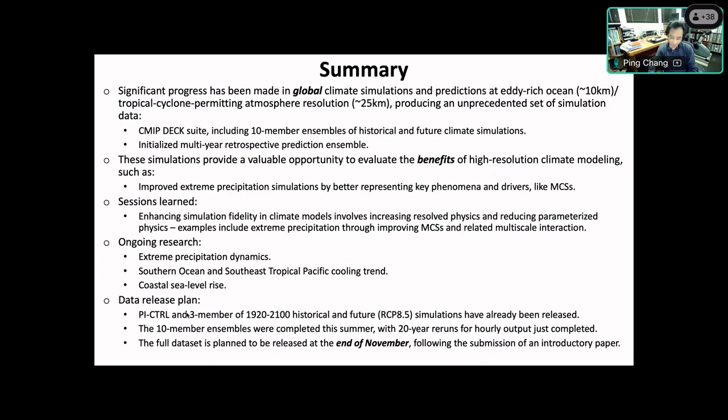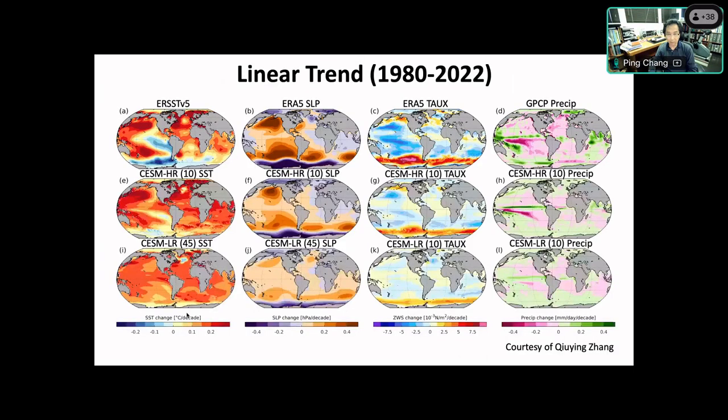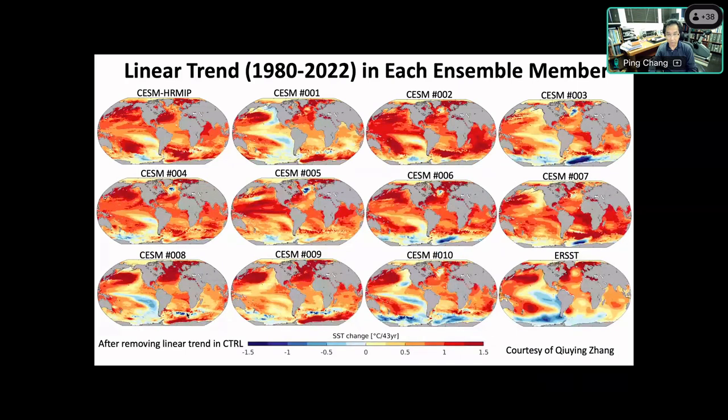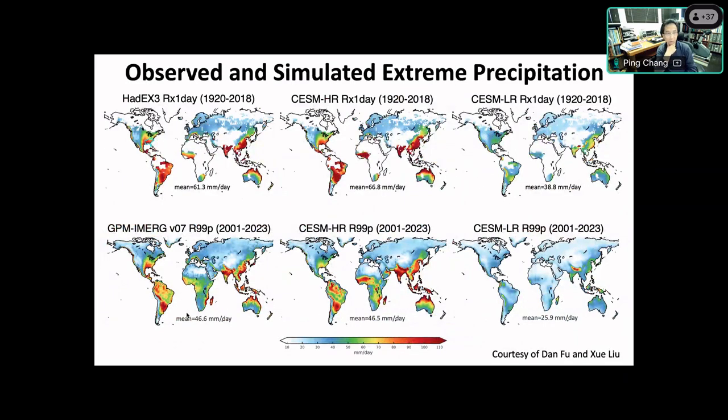Yeah, we didn't do the rain gauge, but we actually looked at the satellite data. I have a picture to show you, using the GPM IMERG data sets. In the bottom panel we're using a different metric for the extreme, this time the 99th percentile as a measure of it. The basic results are very similar.